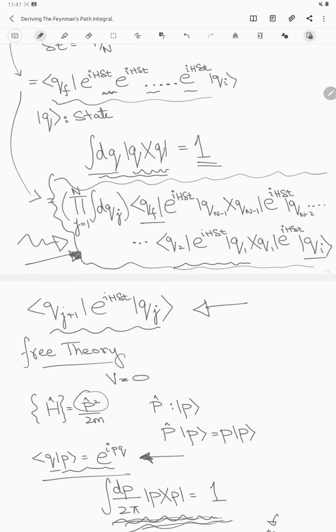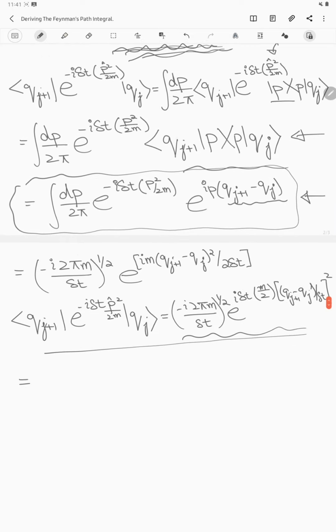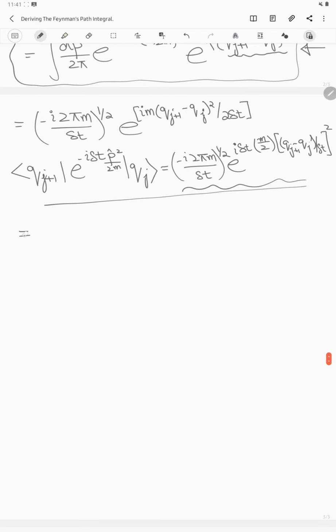What is on the left hand side of this equation? Let me write it down. On the left hand side we have ⟨q_f| exp(−iHt) |q_i⟩, where again, remember that I'm using the Hamiltonian for a free theory.